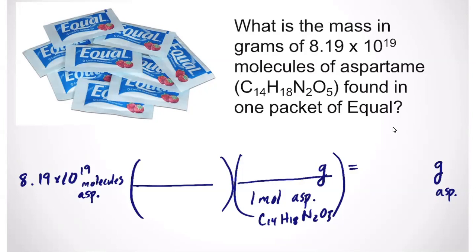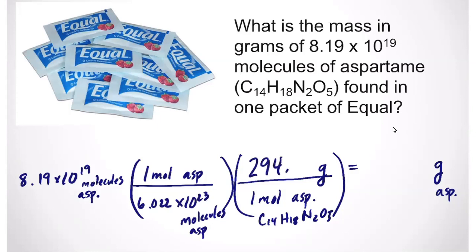Okay, and then I am going to cross cancel here. 1 mole of aspartame is 6.022 times 10 to the 23rd molecules. And this comes out to 294.34 grams. Okay, so molecules cancel, moles of aspartame cancel. My answer will come out in grams.